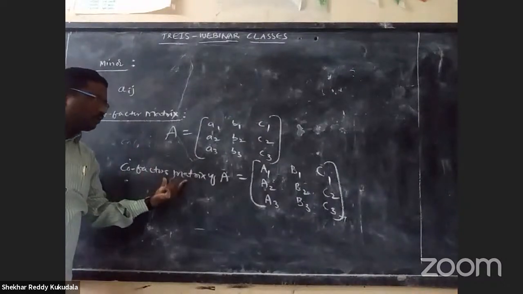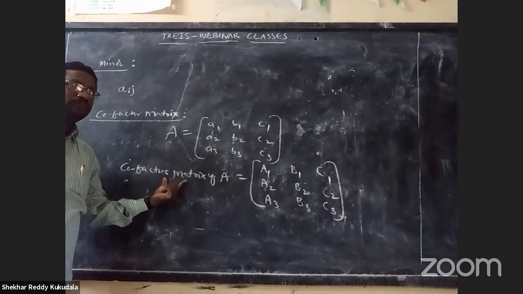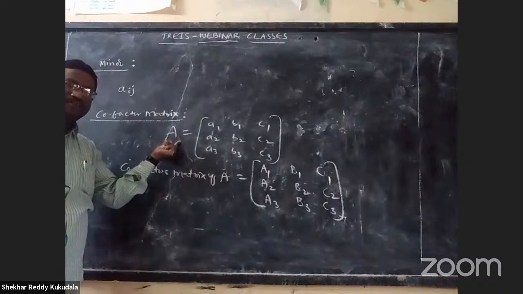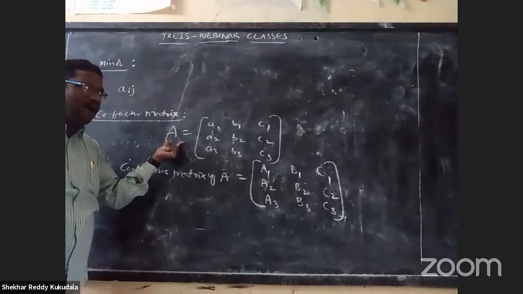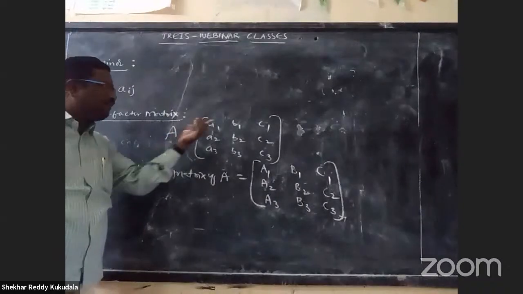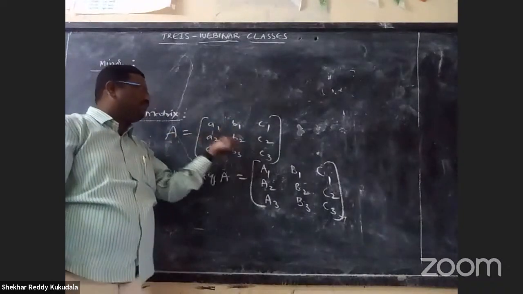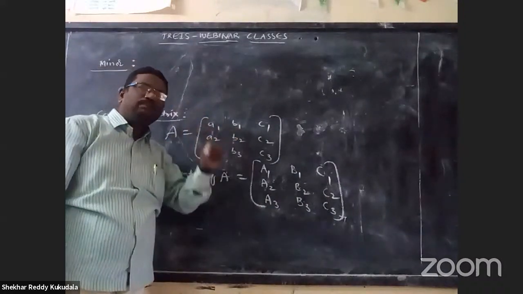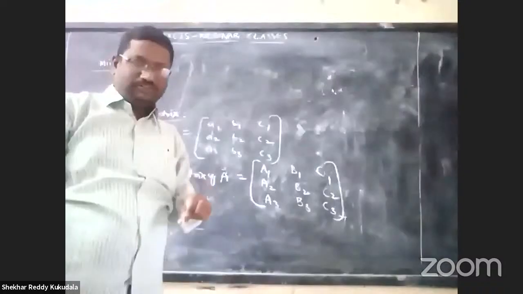So how to define cofactor matrix? Cofactor matrix of a given matrix A is obtained by replacing all the elements of the given matrix by their respective cofactors.